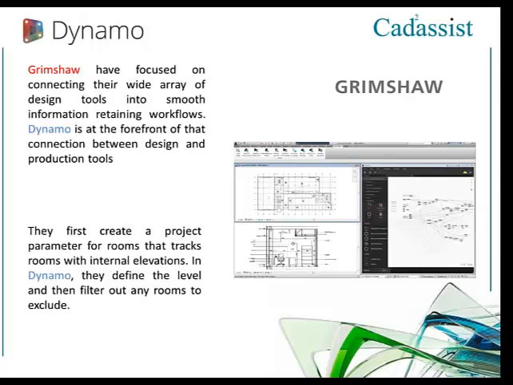Okay, and then now imagine firstly that you're able to create a project parameter for rooms that tracks rooms with internal elevations, and then using Dynamo, imagine that you're able to define the level of that elevation and then filter out any rooms to exclude.